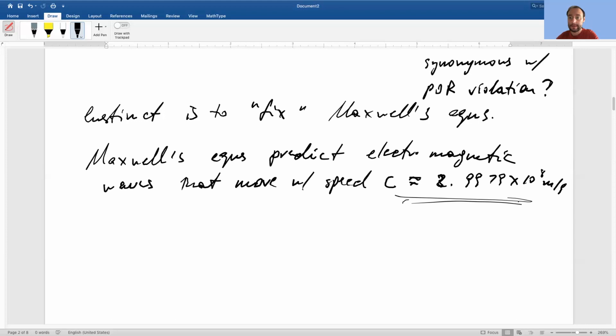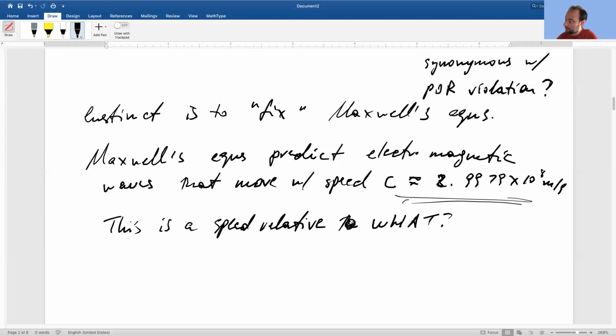And so it's speed relative to what? Okay. People started thinking that maybe Maxwell's equations, in the form that they're written, are meant to be equations with respect to that light carrying medium, okay?